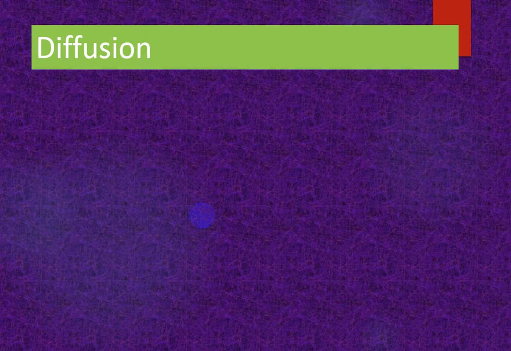So the movement of particles spontaneously and uniformly from a higher concentration region to a lower concentration region is called diffusion.